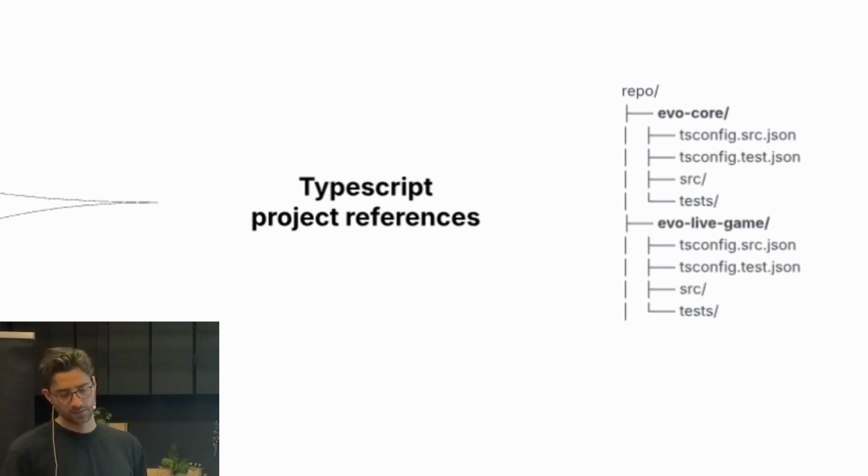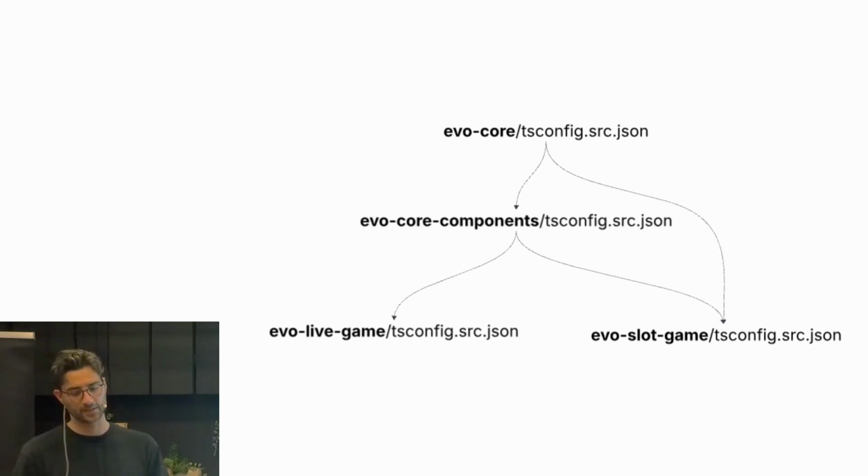So how we solved some of these problems was by using TypeScript project references, which is a way that TypeScript gives you to represent all of your code in a repository as different projects. So it's not one single TypeScript project, it's many composite projects that reference each other, depending on how you organize your dependency graph.